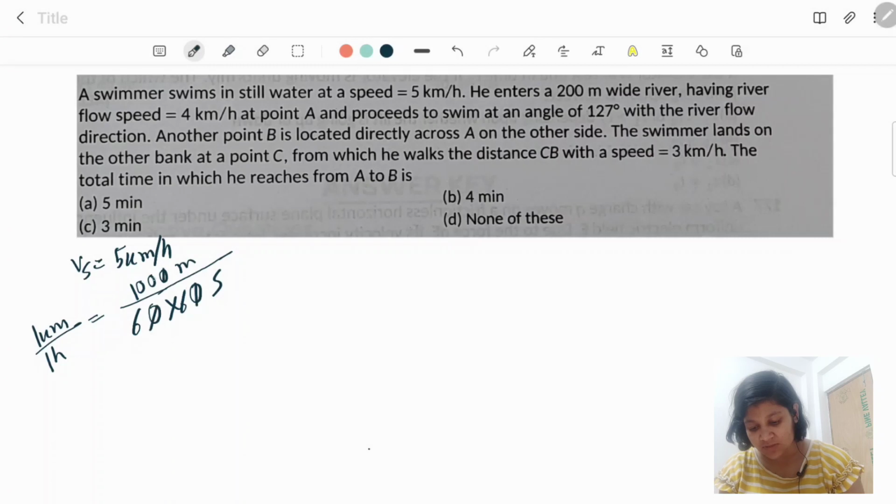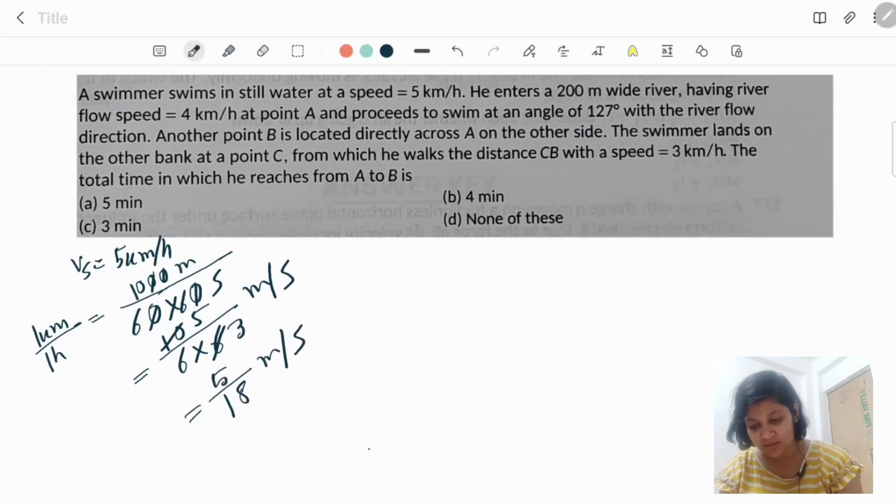So this 0 cancels out, and we are left with 10 by 6 into 6 meter per second. That also means 5 by 18 meter per second.